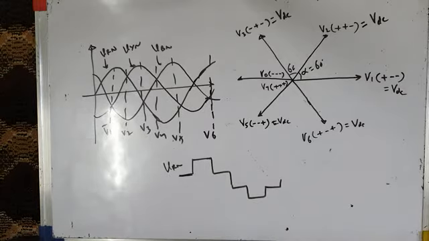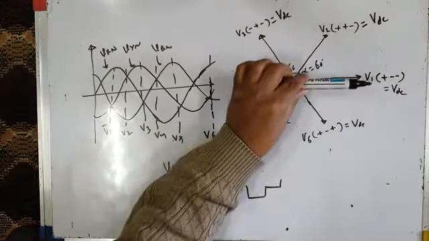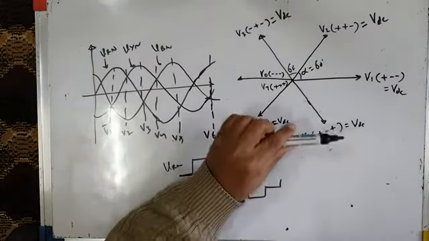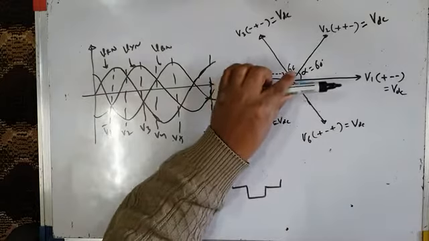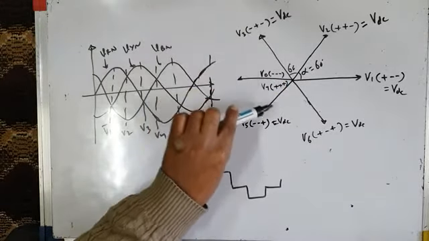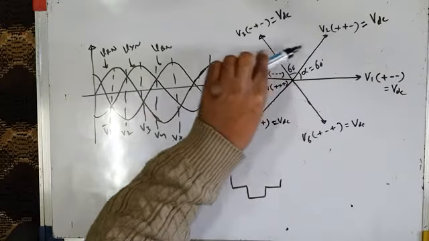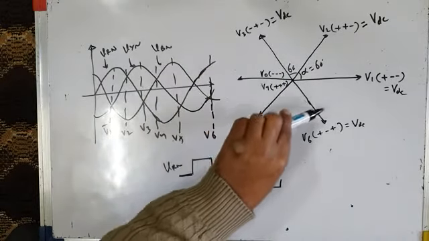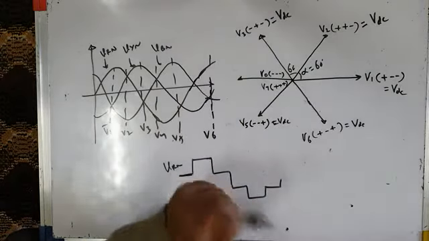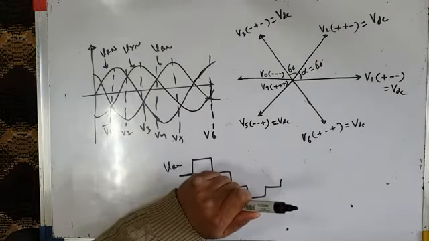That is possible if instead of applying these 6 voltage vectors after every 60-degree interval, I produce a reference voltage vector which is rotating in the counterclockwise direction continuously at a speed given by the frequency of the voltage, say 50 hertz or 60 hertz supply.